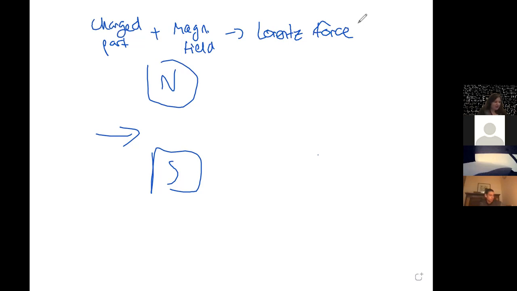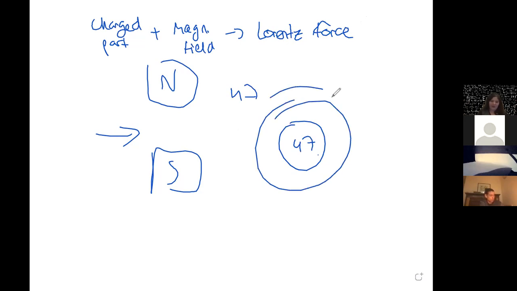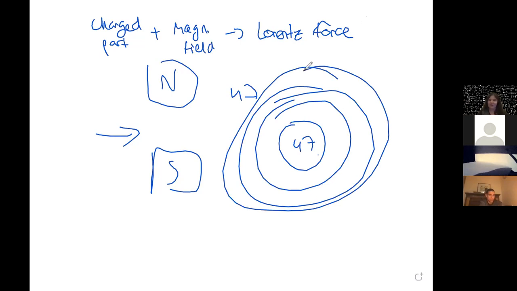And the silver atom, so I have to look at the atomic number. So it's 74, and it more or less means, if I would draw it like this, we have 74 protons and 74 electrons, which are all in these shells around the core.